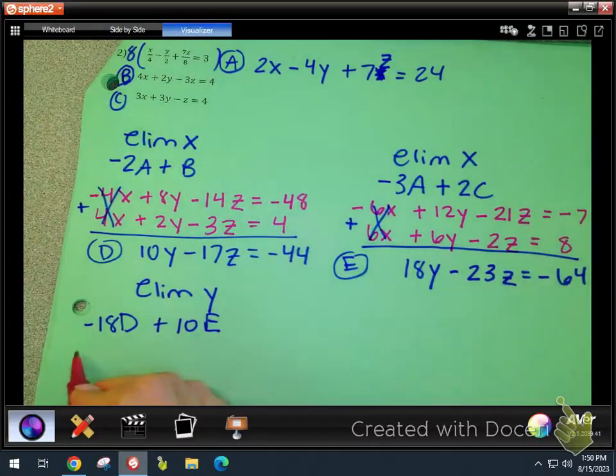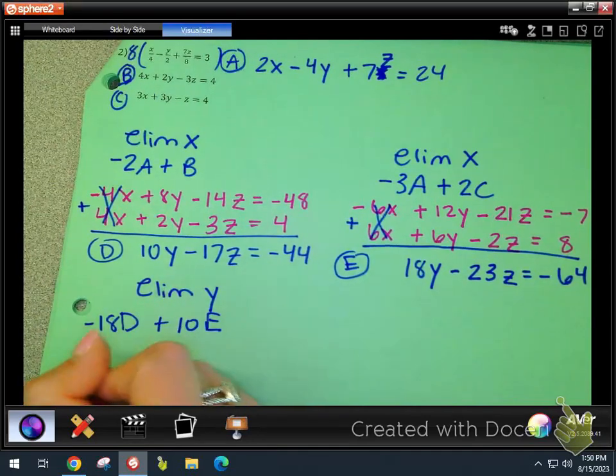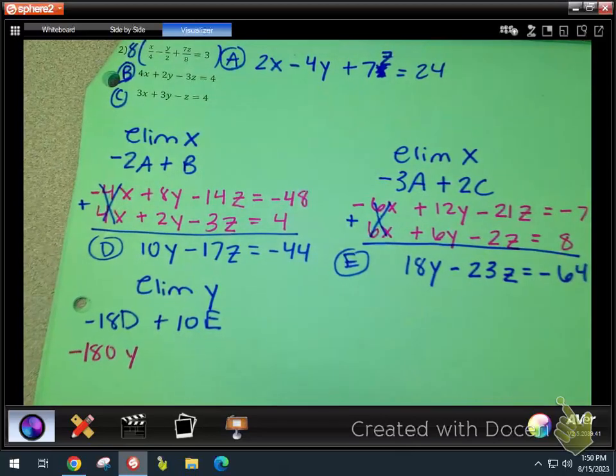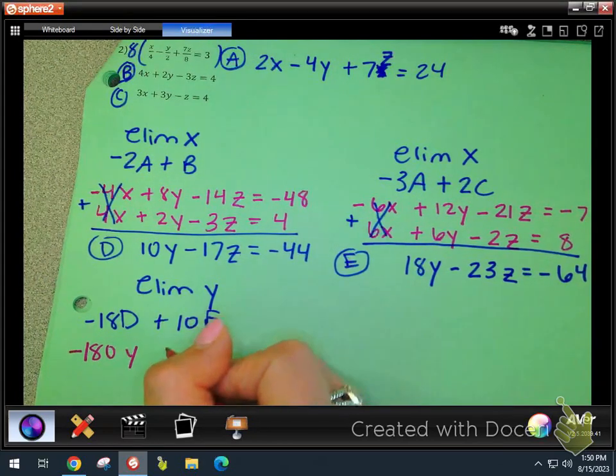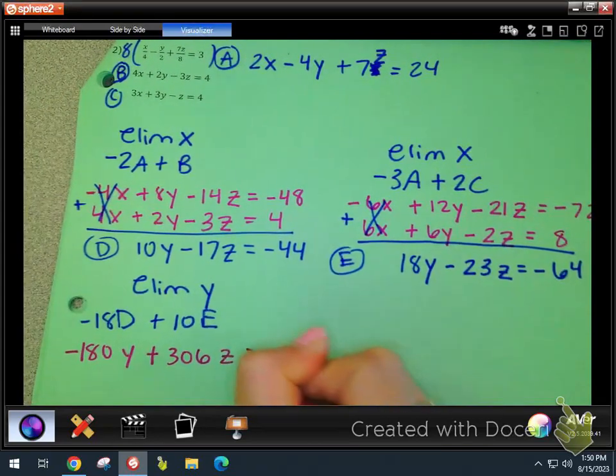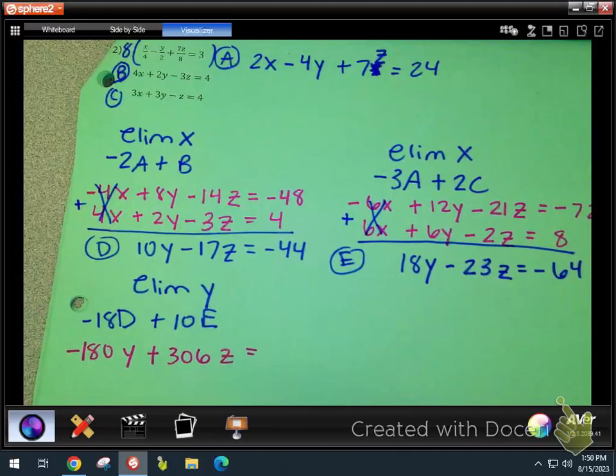All right, so this is going to be negative 18 times 10. We should be able to do this one. Negative 180. All right, negative 18 times negative 17. I got 306. 306z. Negative 18 times negative 44.